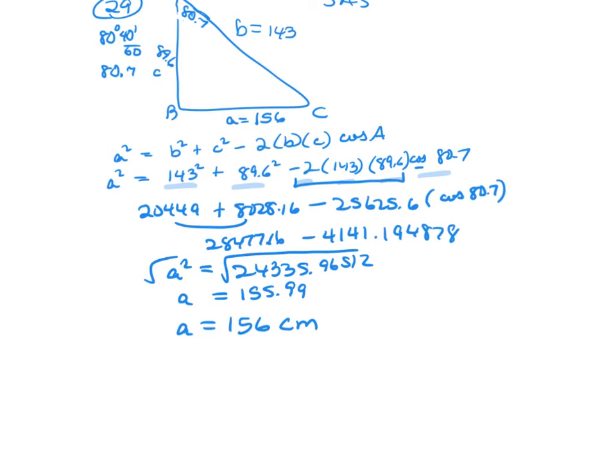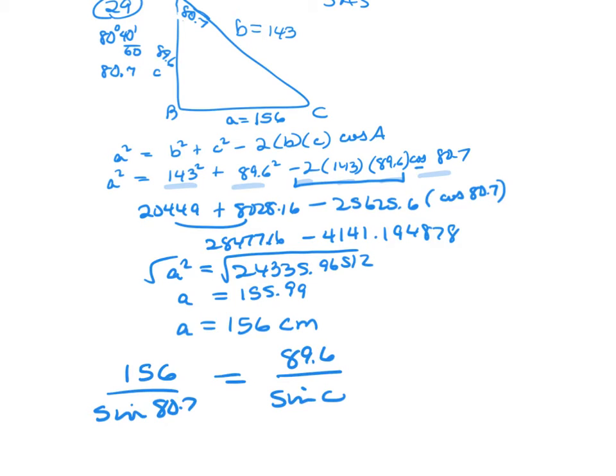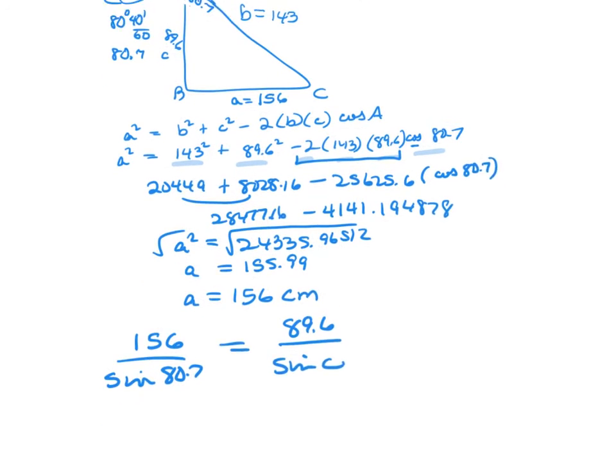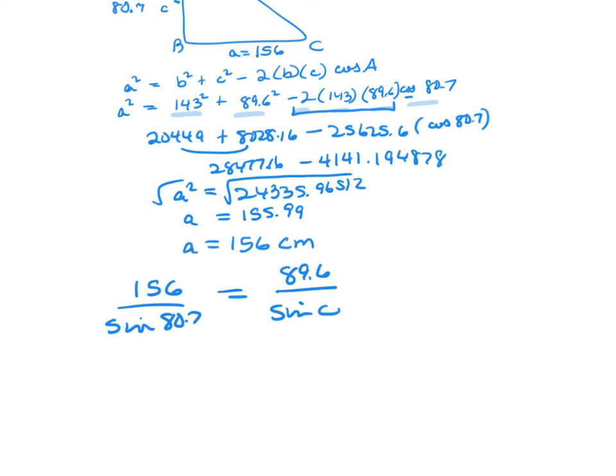I'm going to use my given: 156 over the sine of 80.7, and little c is 89.6. Now I can use law of sines. It's easier, it's just a proportion.